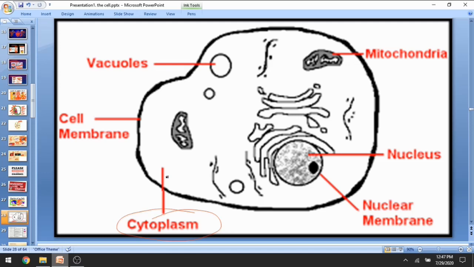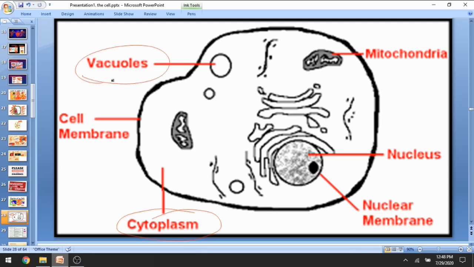The entire cell mechanism depends upon these organelles. So cytoplasm is a jelly-like transparent material that is responsible for safeguarding and giving shelter to all these vital organelles performing activities within the cell.